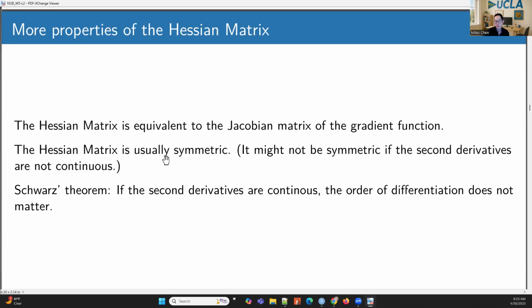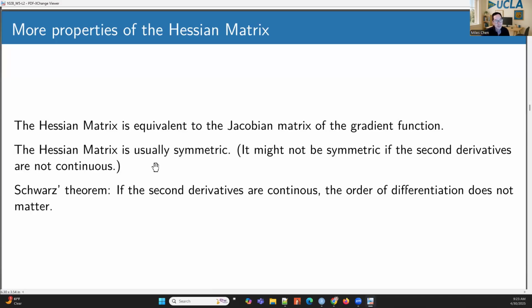Maybe more formal would be, it is symmetric under certain regularity conditions, and basically it's going to be symmetric if the second derivatives are continuous.